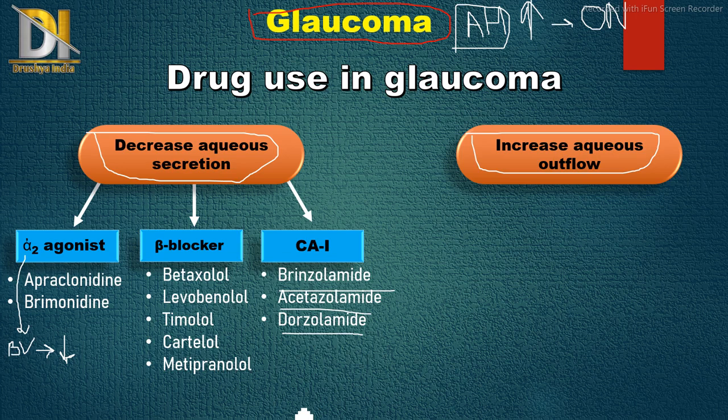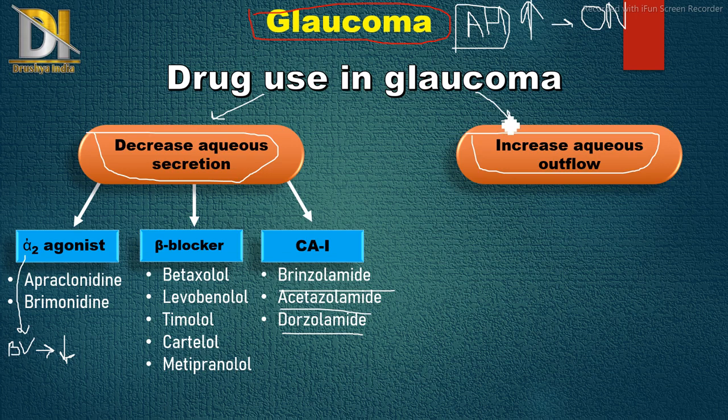Then our first part, to decrease aqueous secretion, is over, which means it had three major classes: alpha 2 agonists, beta blockers, and carbonic anhydrase inhibitors. Next is to increase the aqueous outflow, which means secretion has already taken place.